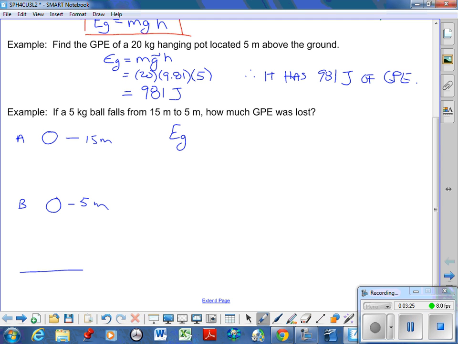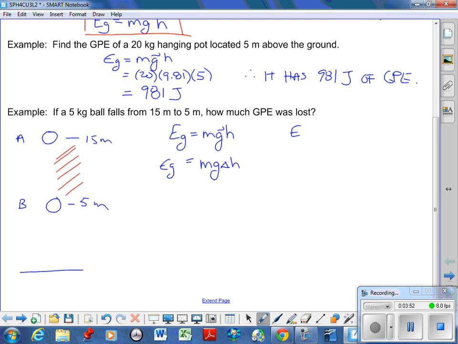Well, we know Eg equals mgh. Now, what we need to do is we want to know how much is lost. So we want to figure out the lost energy moving from point A to point B. So the formula then becomes mg delta h. I'll explain why off to the side here.